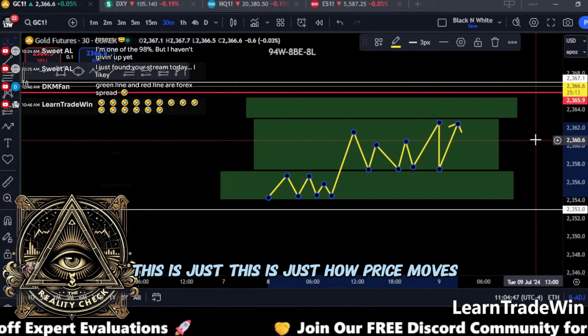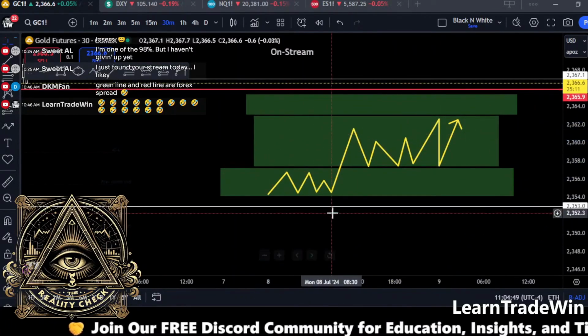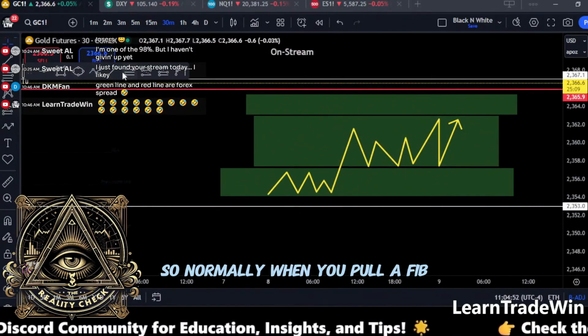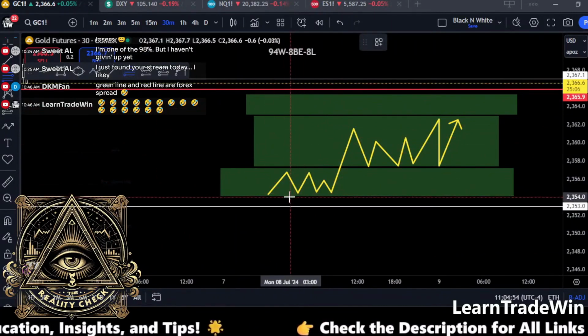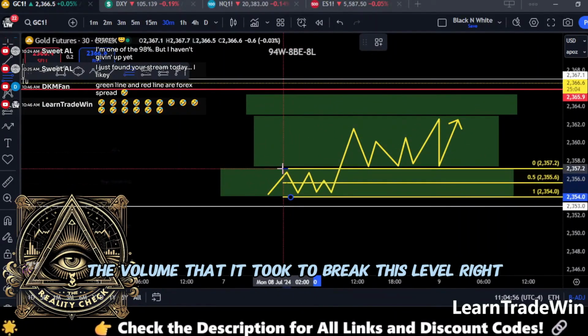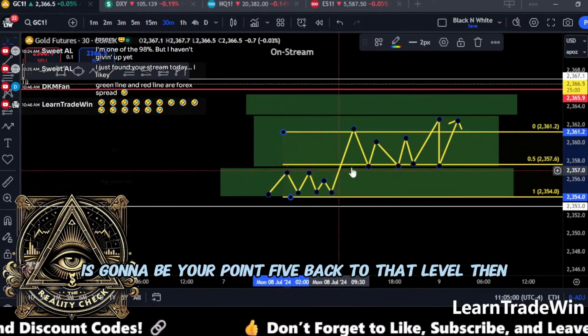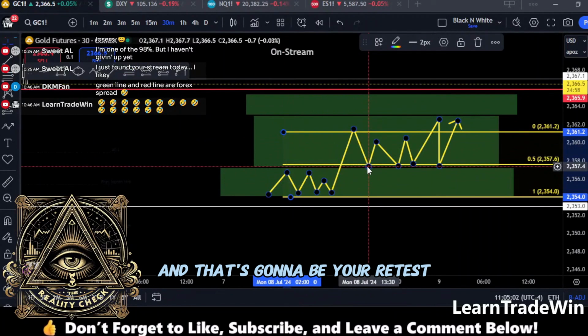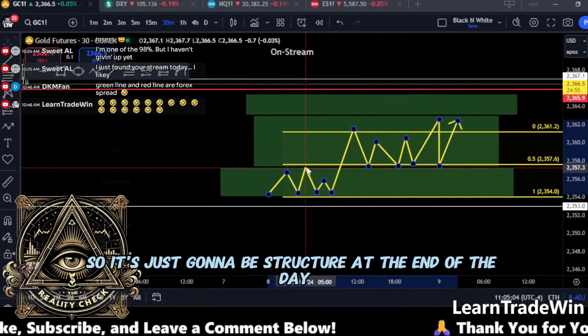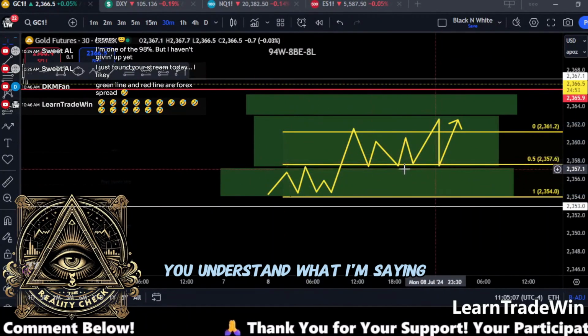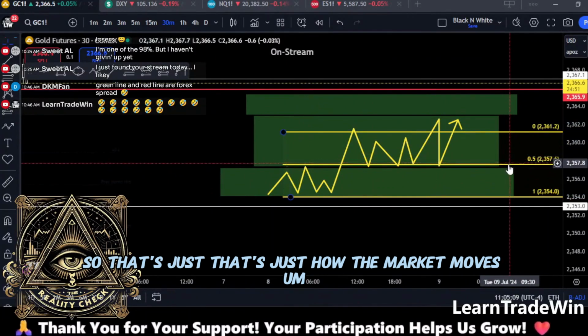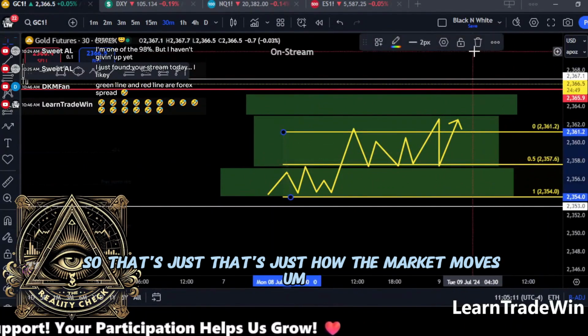This is just how price moves, right? So normally when you pull a fib, you're going to see that the volume that it took to break this level is going to be your 0.5 back to that level. And that's going to be your retest. So it's just going to be structure at the end of the day. You understand what I'm saying? So that's just how the market moves.